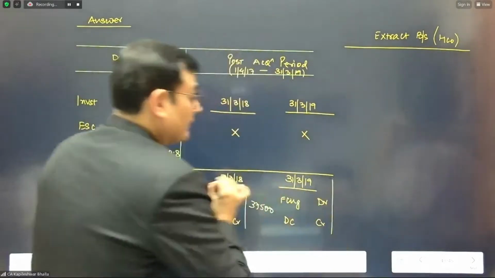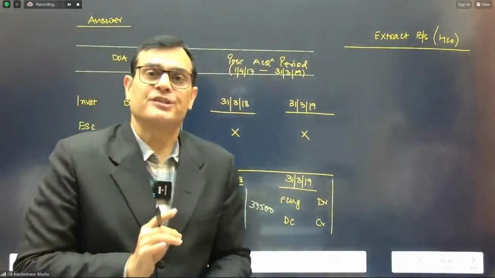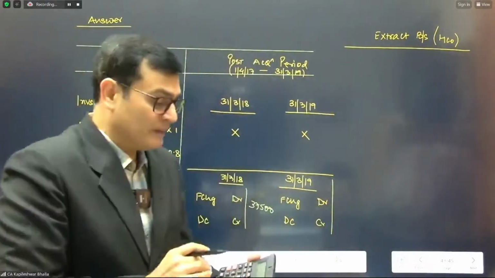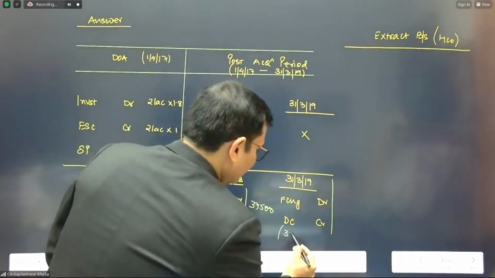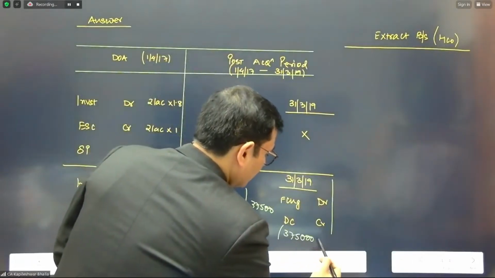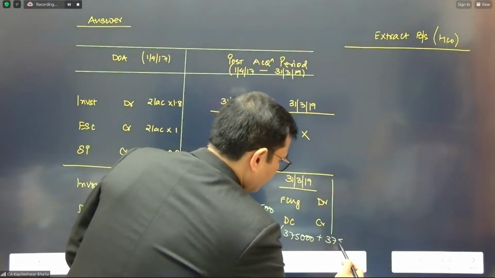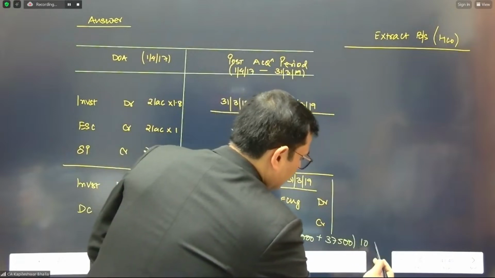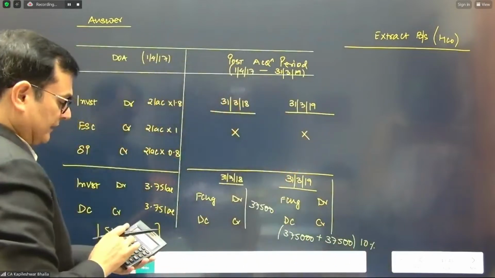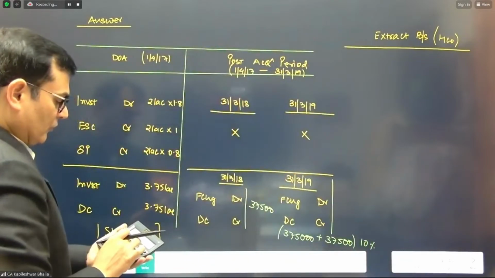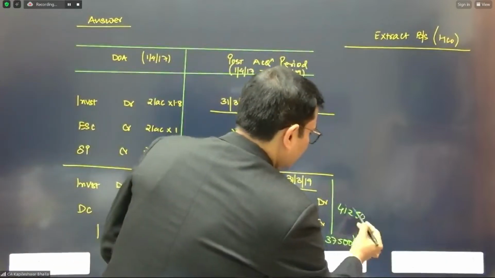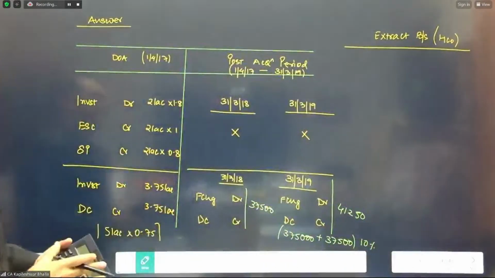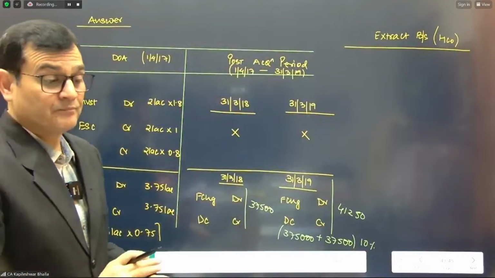And in the next year, remember, you need to consider the unwinding on the cumulative amount. So the figure on which interest will be taken is 3,75,000 plus another 37,500, and you would take a 10% unwinding on the same. So 10% would come to 41,250, which is the finance charge for the next year, March 19, as well.